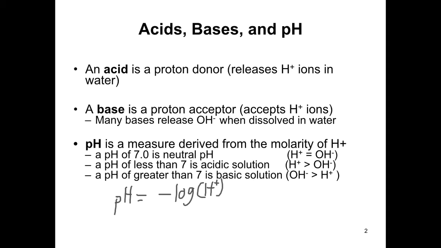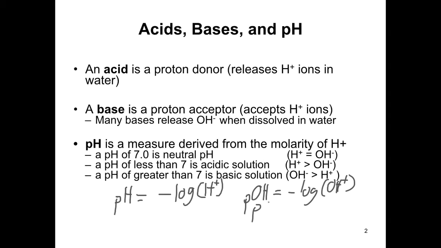That's what that little p means, basically negative log of. So the pH is the negative log of the hydrogen ion concentration, and pOH is going to be the negative log of the hydroxide ion concentration.